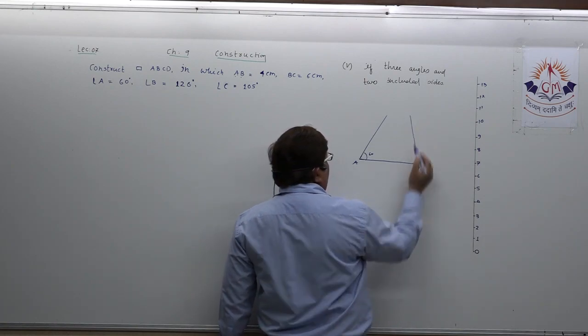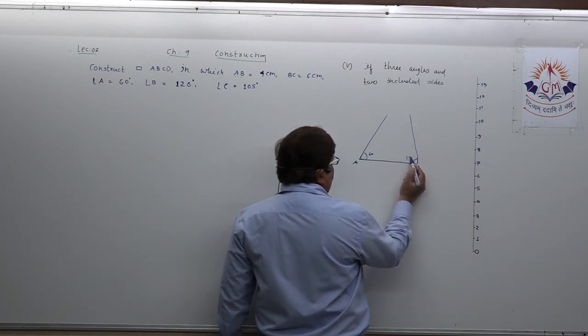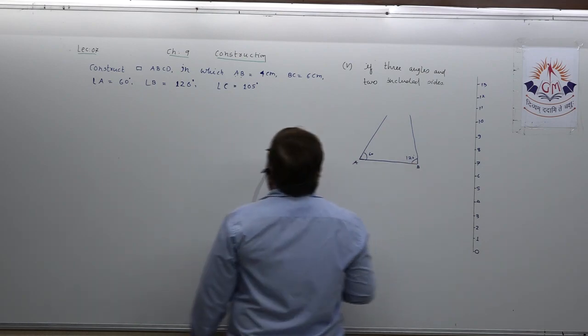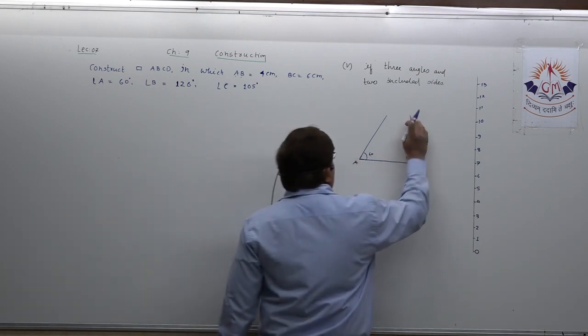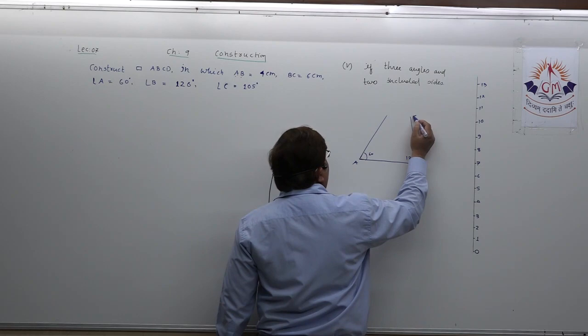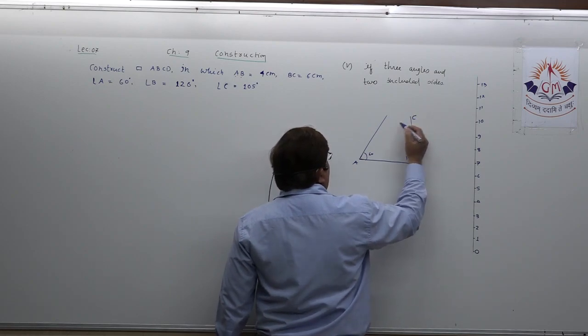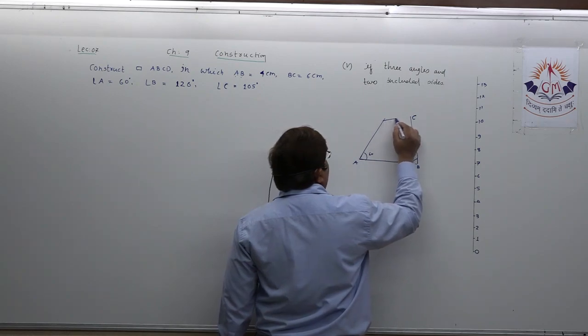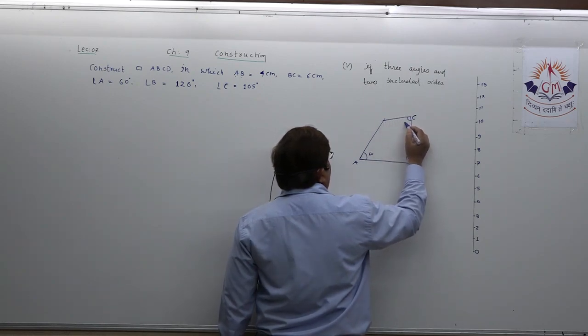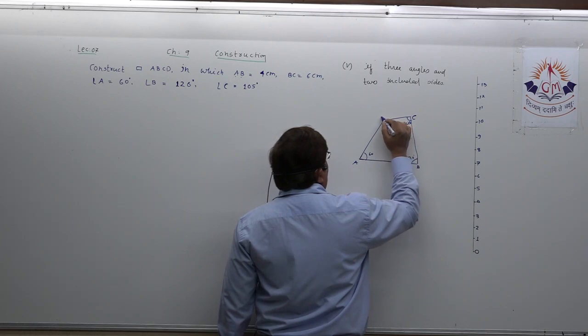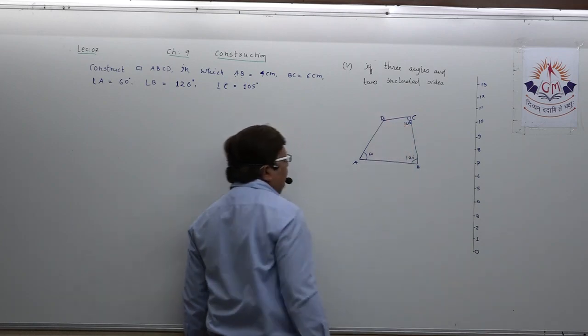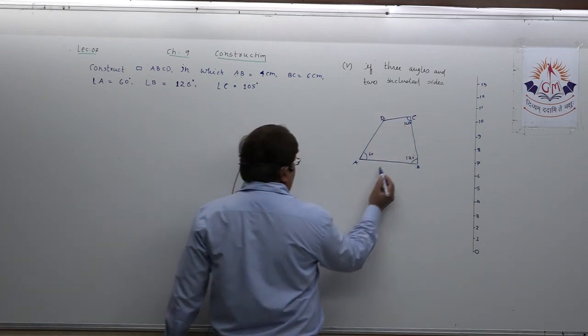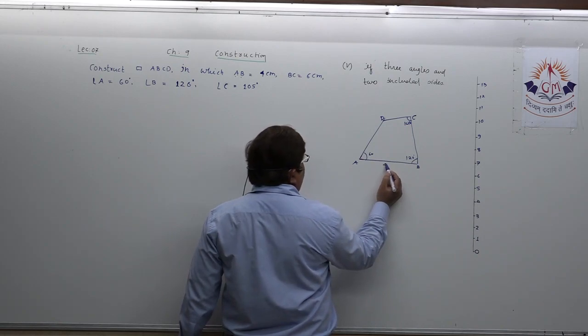Suppose angle B is 120 degree. Then you are also given, suppose here is angle C. The angle C is given 105 degree. Suppose this is 105 and obviously this will be point D. AB you all know 4 centimeter.